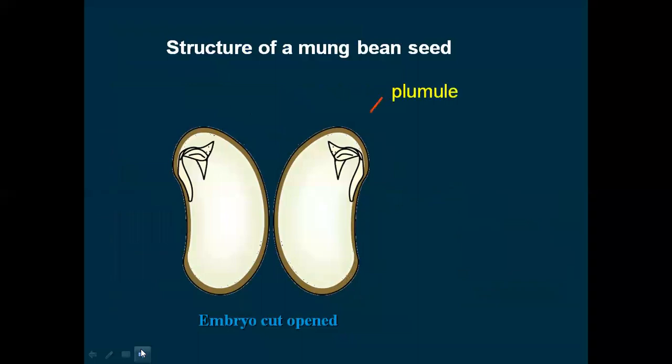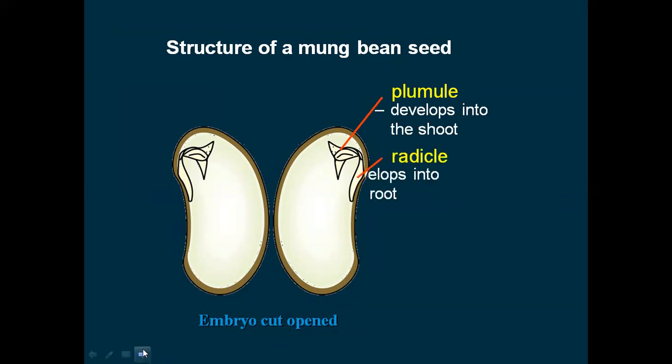Now you can see the embryo when you open the seed. Within the seed there is an embryo, right? When the process of germination starts, one part of the embryo will develop into the shoot and grow upward, while another part will go downward.